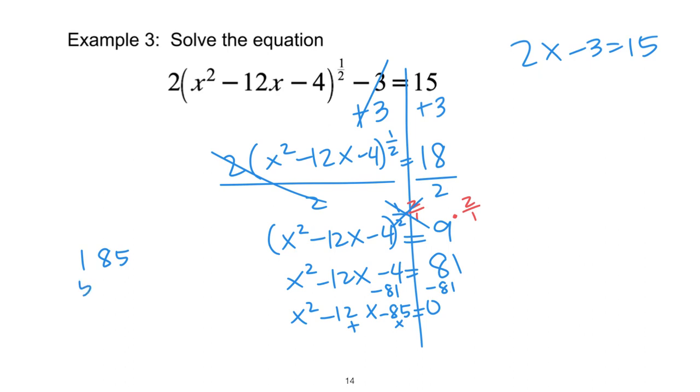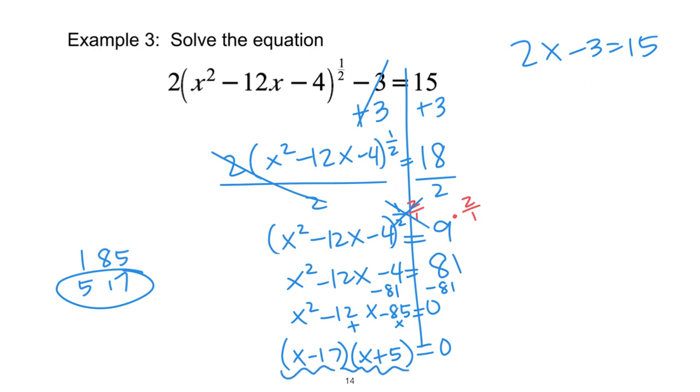It's divisible by 5, so 5 and 17. Oh, wait a second, 5 and 17 could get us to be 12. So that would be a -17 and a +5 to be -12. There we go, that worked. So setting both parts equal to 0, the first one would tell me x equals +17. The second one tells us -5.